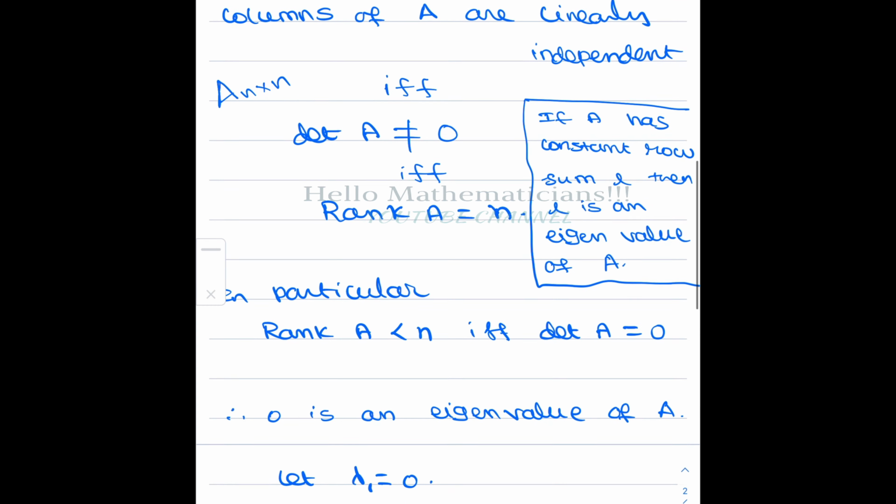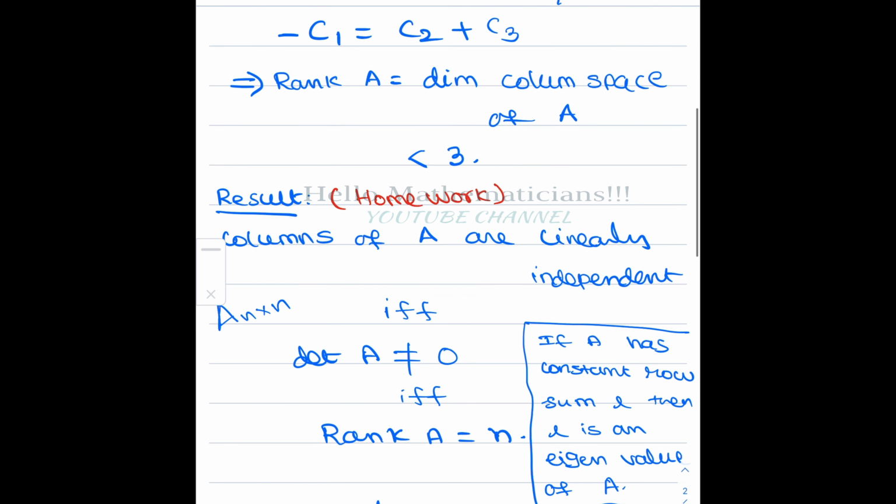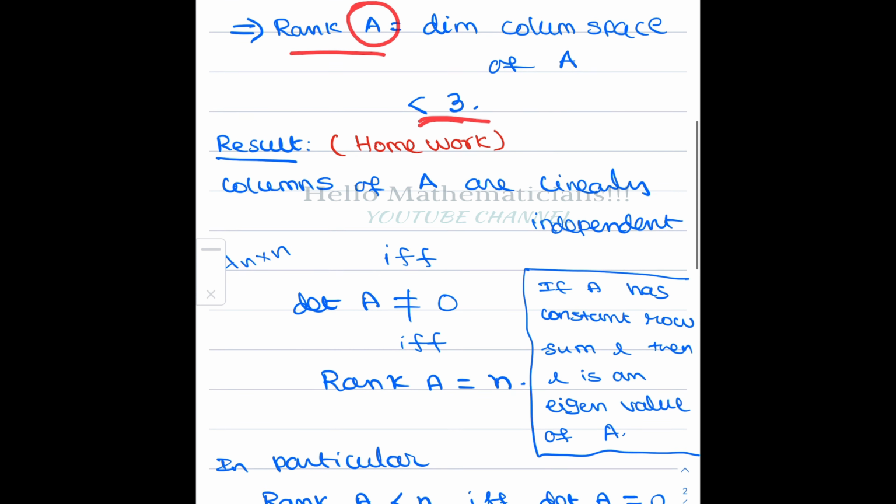So this is a simple result. By using this result, we see that A is a 3 by 3 matrix, but the rank of A is strictly less than 3. From this result, rank of A equal to n if and only if determinant of A is not equal to 0.